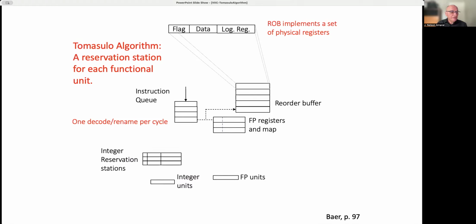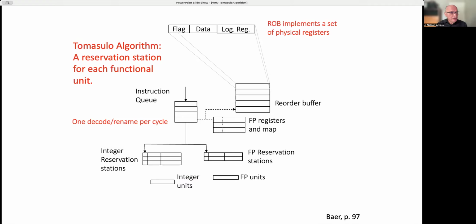So we have a reservation station for the integer units and another for the floating point units. Later, we will see that there are alternative designs where we may have a central reservation station, or we may have a given reservation station serving a group of functional units. But in this design, there is a separate reservation station for each type of functional unit.